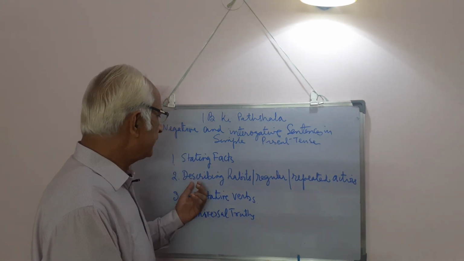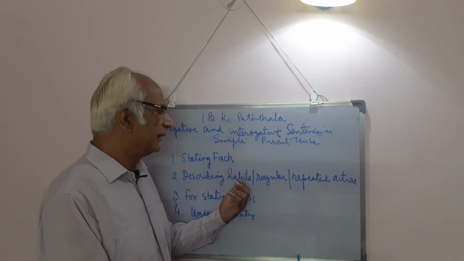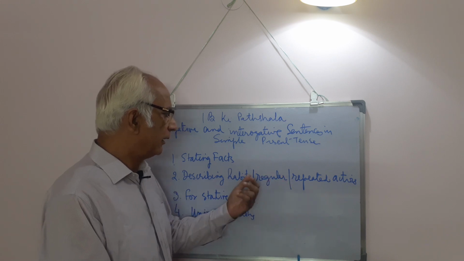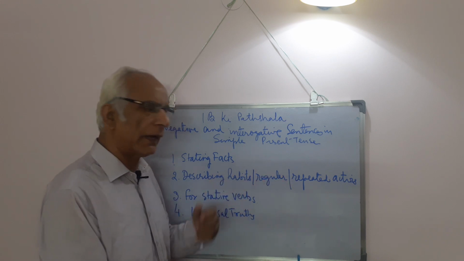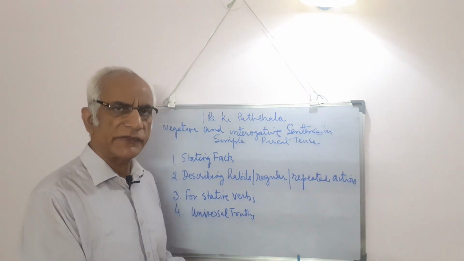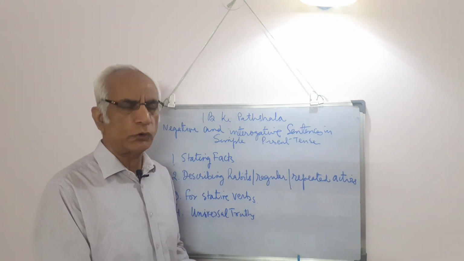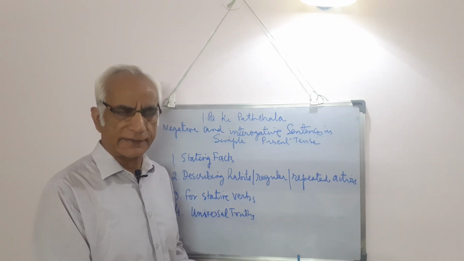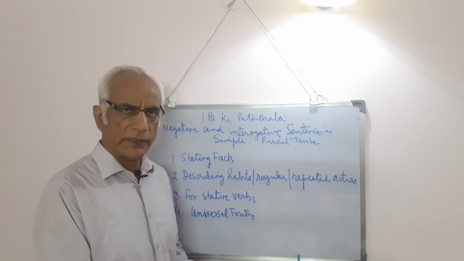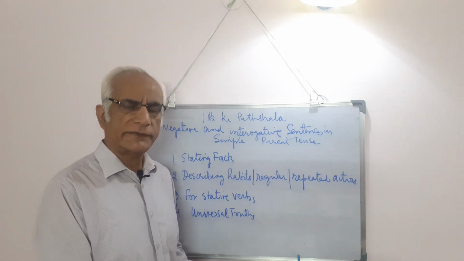Or we use it to describe things which are done repeatedly on regular basis or as a matter of habit. For example, if I say I get up in the morning at 6. So normally we would say I usually get up in the morning at 6. Okay? I play football on Sundays.